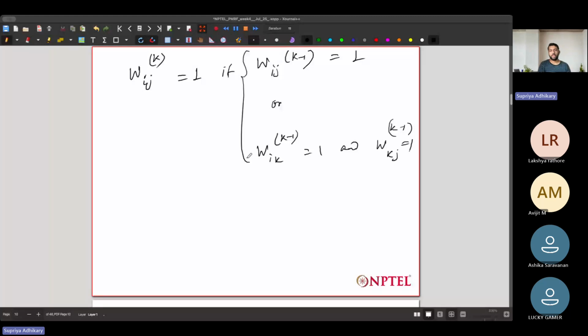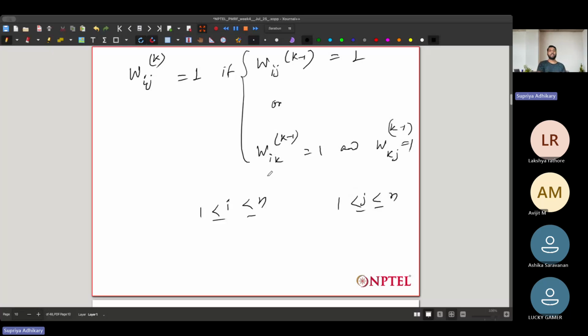Now we have to see if any other positions can be updated or not. As you can see, we are taking the ith column over here, so i can run from 1 to n. We are considering an n by n matrix, and j can also run from 1 to n.